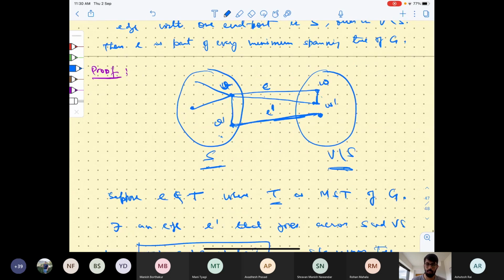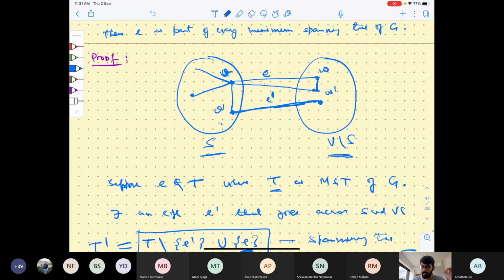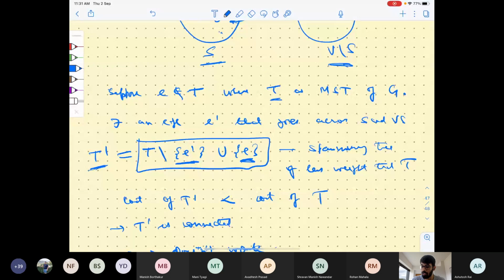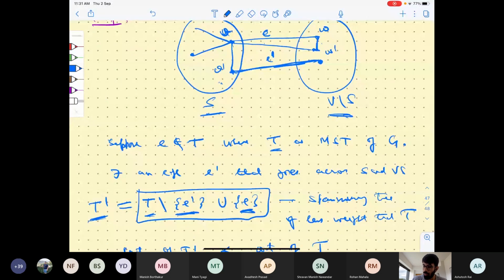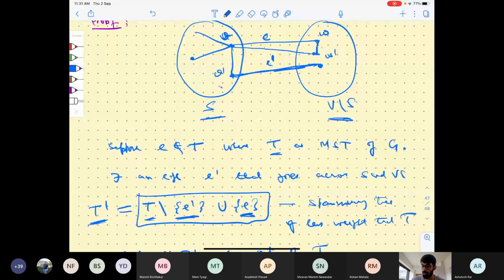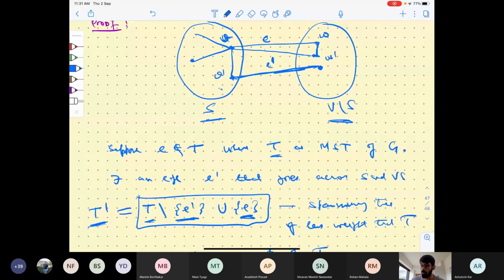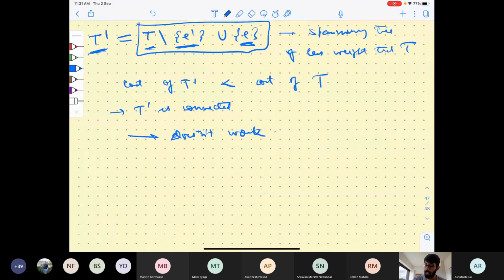So let's choose such an E prime. We also have to maintain that we are not perturbing this tree T too much. We are just removing one edge and adding another edge. That is all. What we definitely know is that there is a path from V to W in T, right?